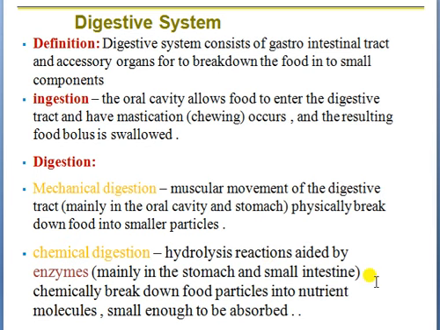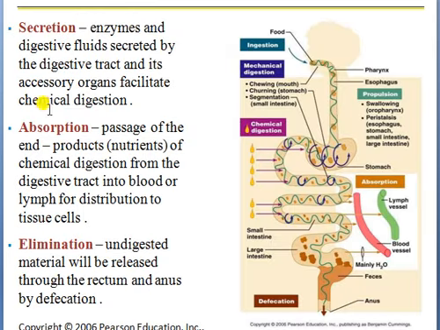Suppose you take in carbohydrates, they break down into monosaccharides, and proteins break down into amino acids. It mainly depends upon enzyme involvement. Enzymes are mainly secreted in the digestive fluid by the digestive tract, mainly for chemical digestion.